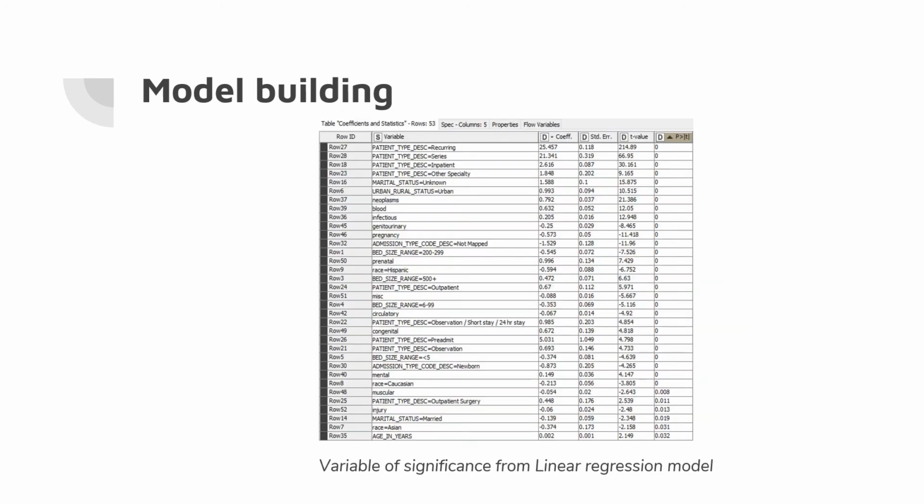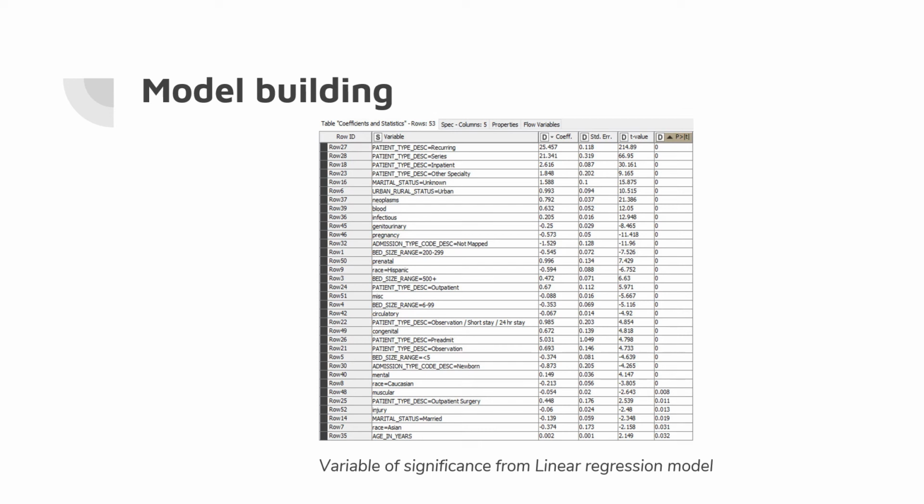The linear regression learner node provided us with some significant statistics on variables of significance. For that, we targeted our confidence level at 95%, and based on that confidence level, we came up with several variables of significance. One important insight from this table is that it doesn't present the variable as a whole, but breaks down into individual groups. Take for example the very first variable, patient type description equal to recurring.